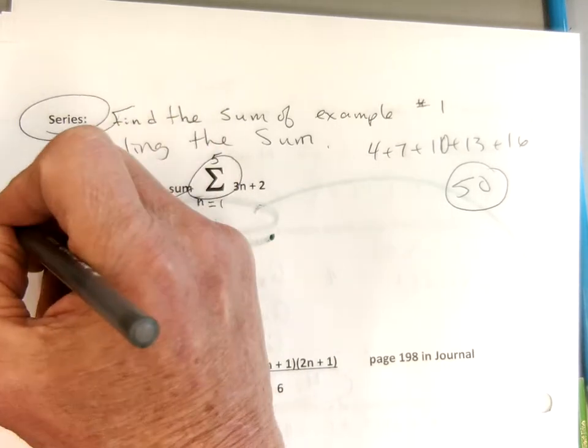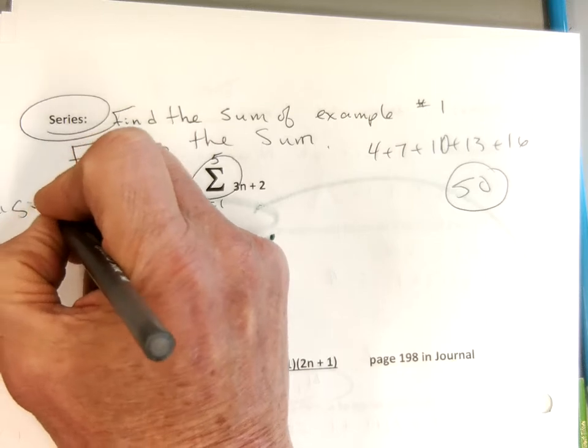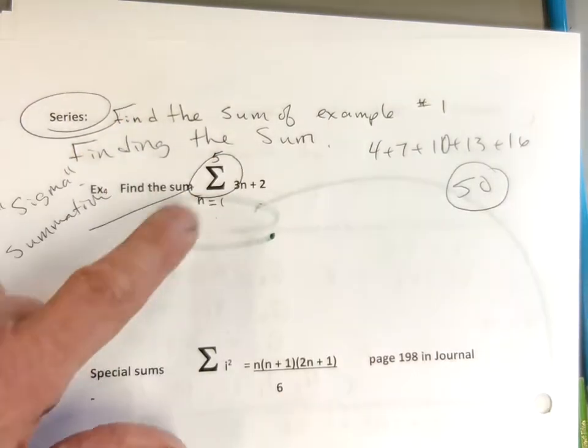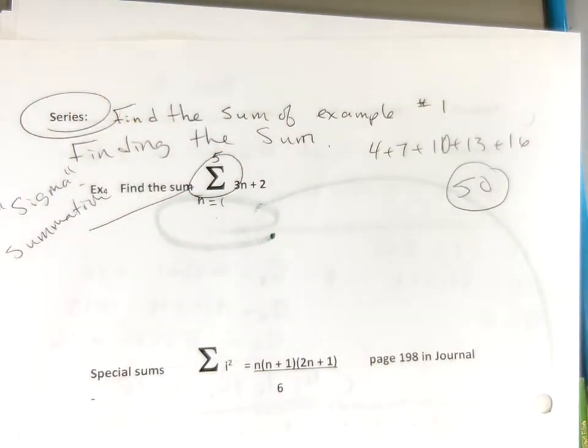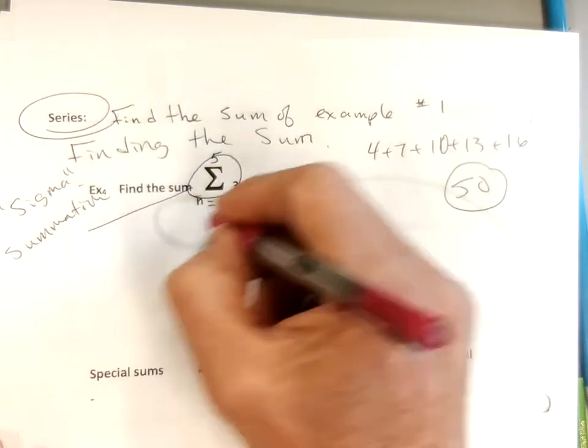It is the Greek letter sigma, but you don't need to worry about that. When you see that symbol, I want you to write this down: add them up. That's what sum means. You see that symbol, sigma, you add them up.